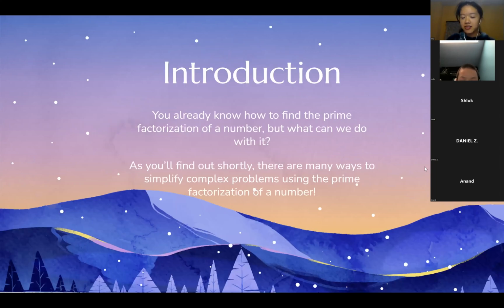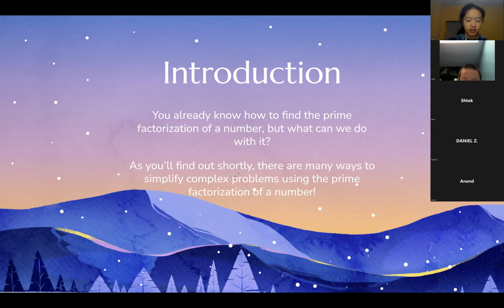Okay, so now you guys know the basics about how to find the prime factorization of a number and how to find the number of factors in the number. But sometimes, instead of asking how many factors this number has, the question might ask you how many perfect square factors this number has.